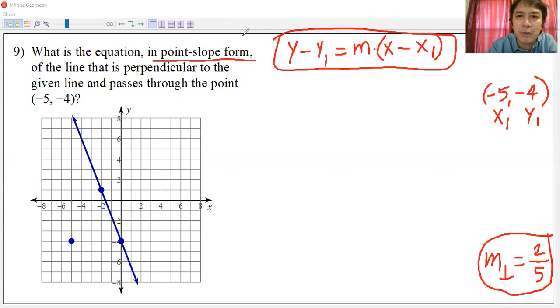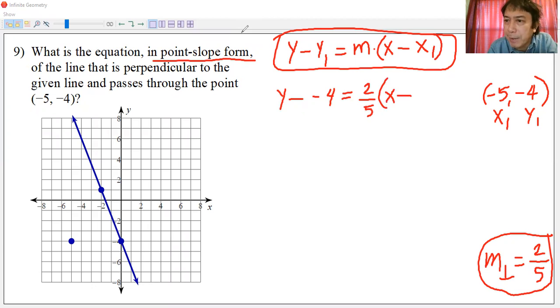This is now y minus y1. This time our y1 is the -4. And this is equal to m, that's 2/5, times the quantity x minus x1. It's a -5. After the minus, it's a -5. Simplify it.